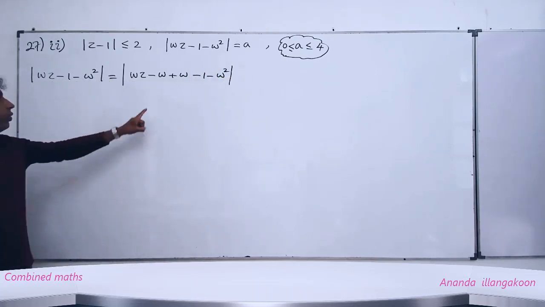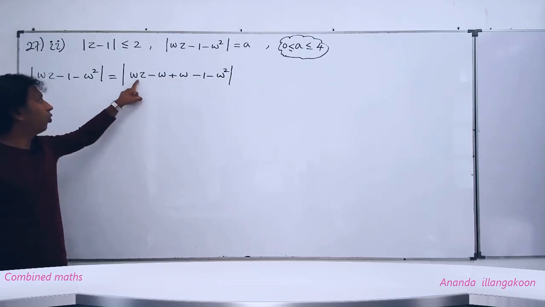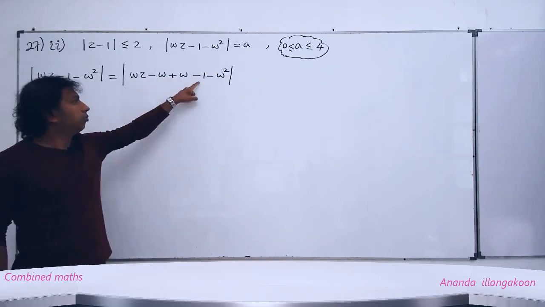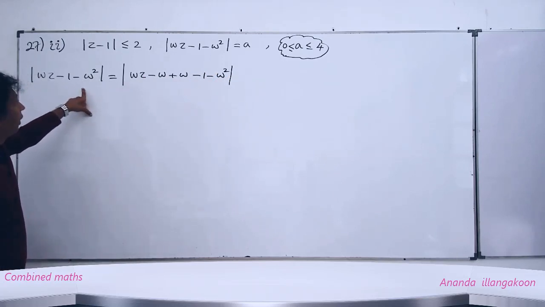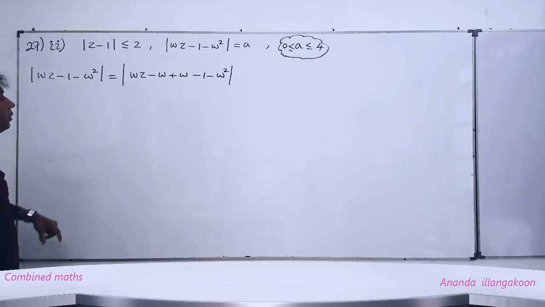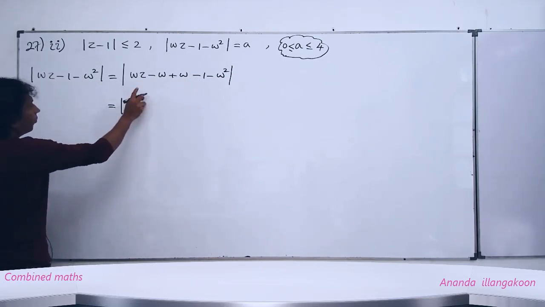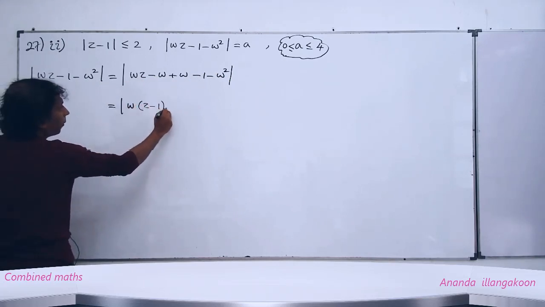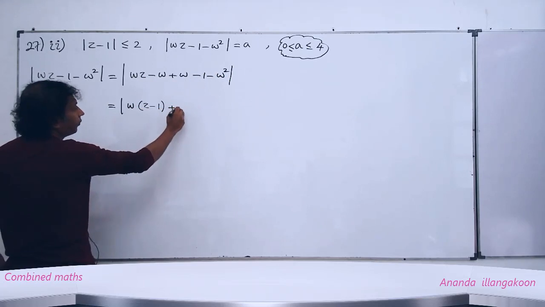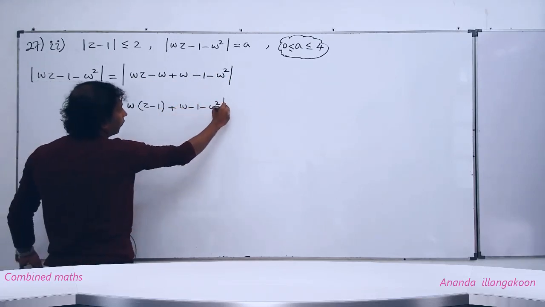Minus omega plus omega we can cancel down, so we have omega z minus 1 minus omega squared, the same thing. Right, so this is what I do next. From this, omega we can take out: z minus 1, plus here, omega minus 1 minus omega squared.